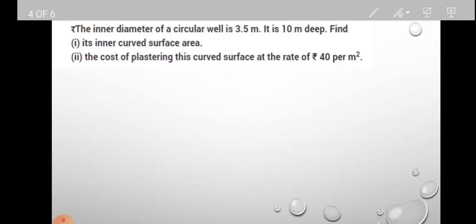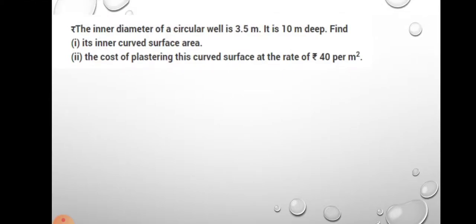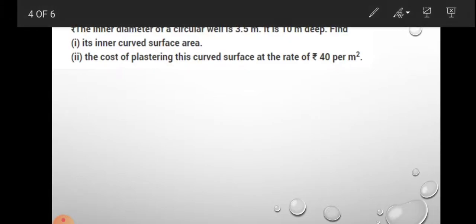Question number 7. The inner diameter of a circular well is 3.5 meter. It is 10 meter deep. Find its curved surface area and the cost of plastering this curved surface area at the rate of rupees 40 per meter square.